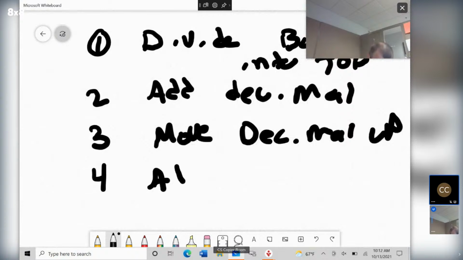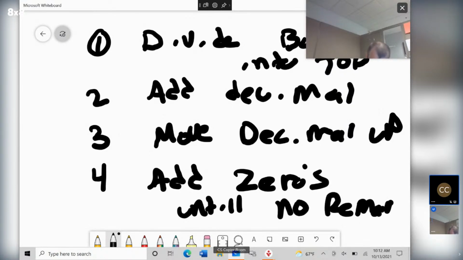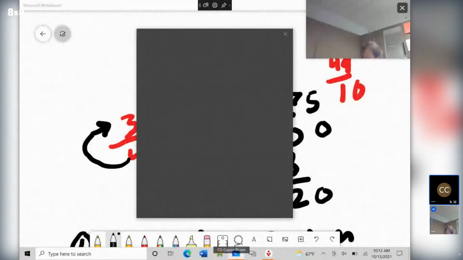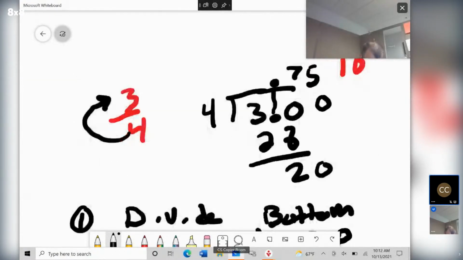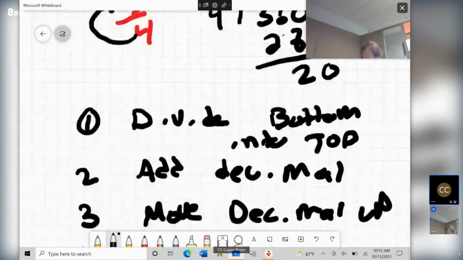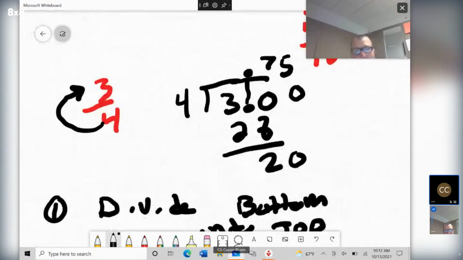And we're just going to add zeros until no remainder. Okay, those are really the 4 steps. We're going to divide the bottom number into the top. So in this case, a 4 into a 3. Add the decimal. Bring the decimal up. And then we just keep adding zeros until there's no remainder.